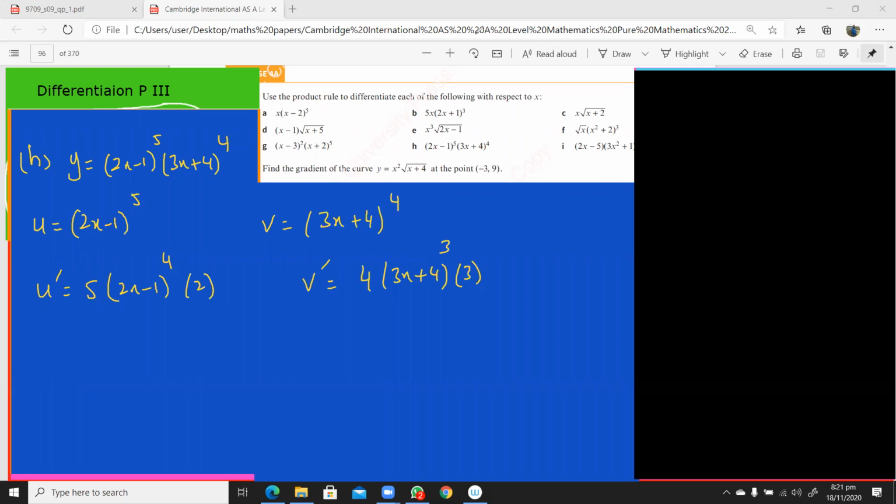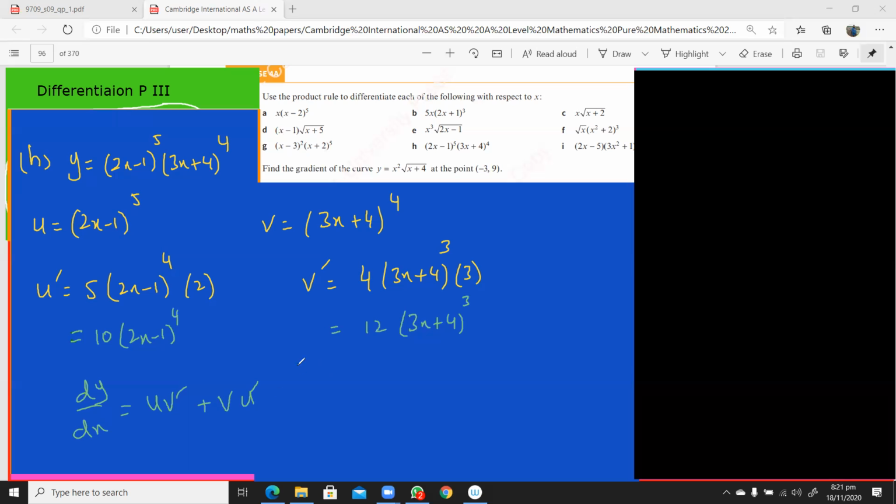Okay? So we simplify them a bit. So this will be 10 into 2x minus 1 to the power 4, and this one would be 12 into 3x plus 4 cubed. Okay. So your dy by dx is going to be uv dash plus vu dash.